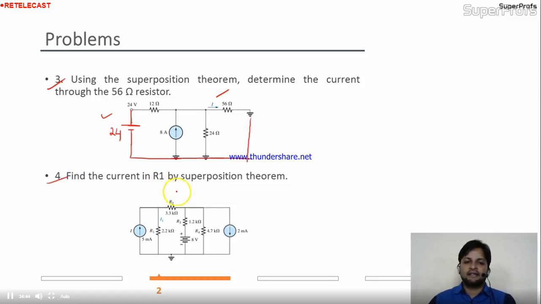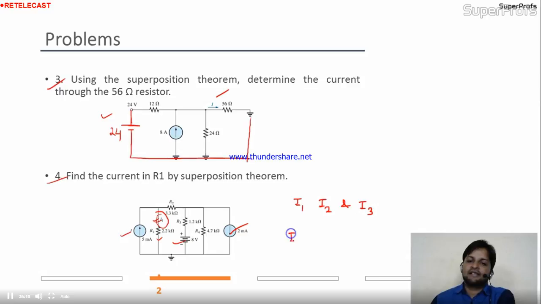Come to the fourth one. Find the current in R1. Where is the R1? Here is the R1. Current direction. Okay, no problem. I1 we have to find. How many independent sources are given in the circuit? 3. 1, 2, 3. So one by one we'll choose, and then we'll find 3 individual currents, I1, I2 and I3.